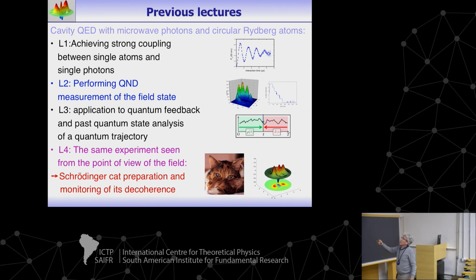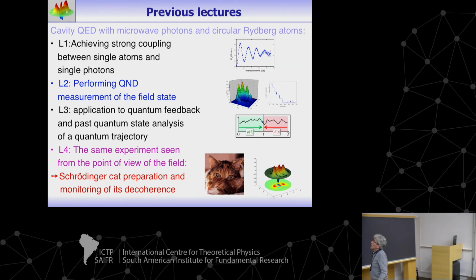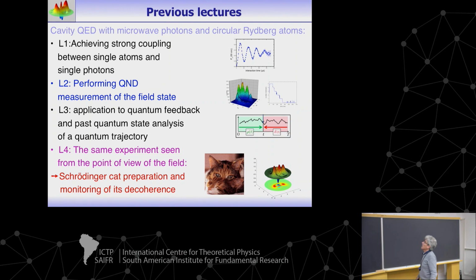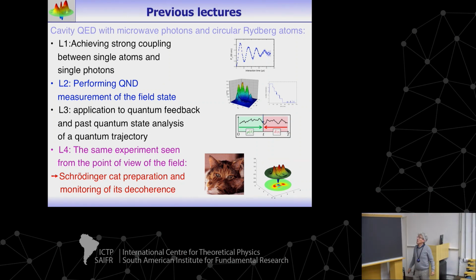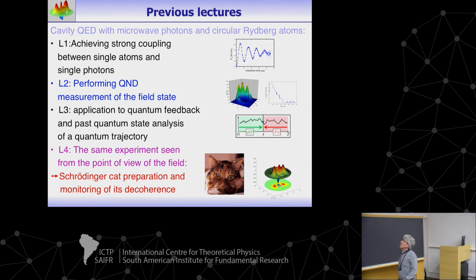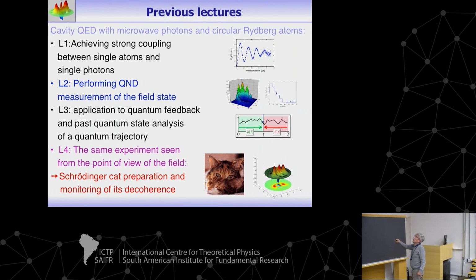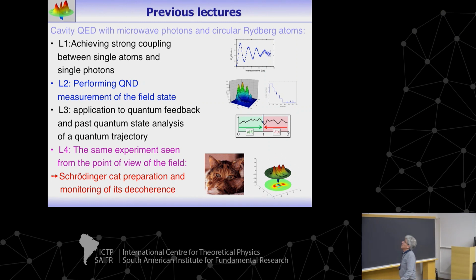Then I described the quantum non-demolition measurement apparatus, the non-destructive photon counter that we build out of circular Rydberg atoms, probing a microwave photon stored in a high-Q cavity. And so we have seen this picture of quantum jumps and projection of the quantum states occurring in this experiment.